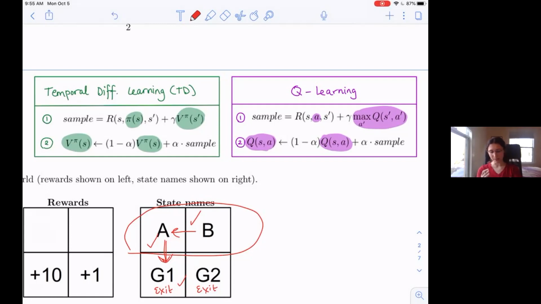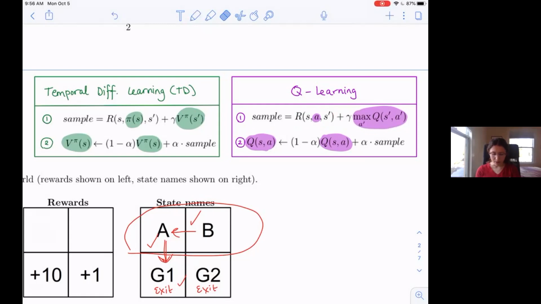After taking this sequence of state, action and next state, we can recover a reward here. And then we can also add to it the discounted best possible value we could get, given our current estimate of the Q for the next state S prime.